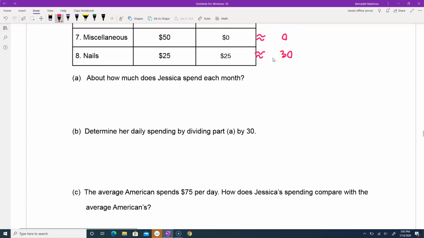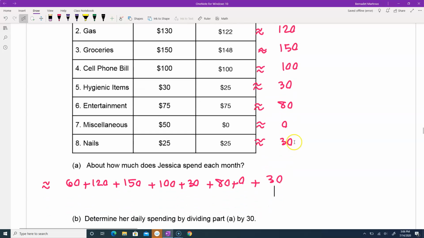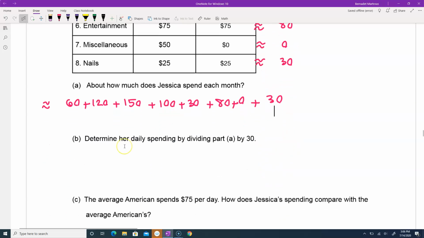So add all those numbers with the answer for this part. So I added all these. We have 8 numbers. Estimate is $570.